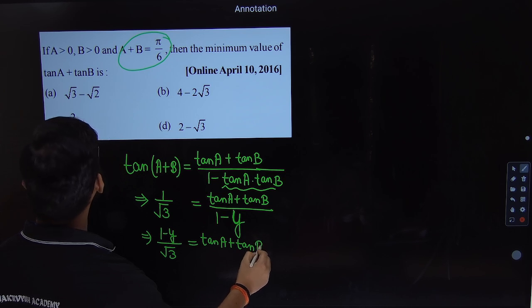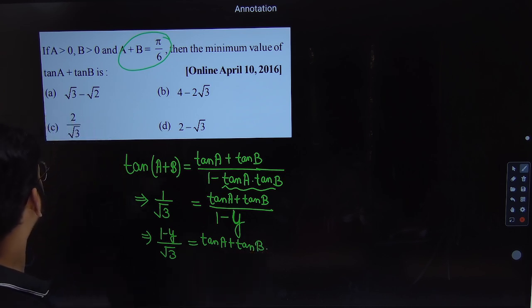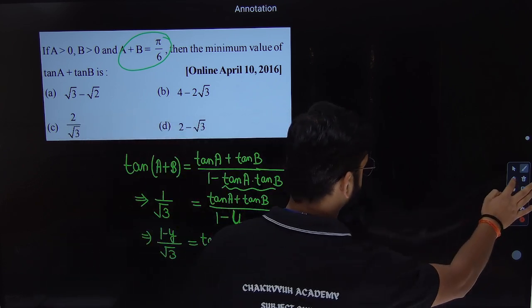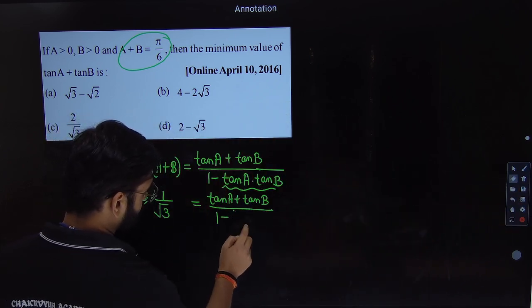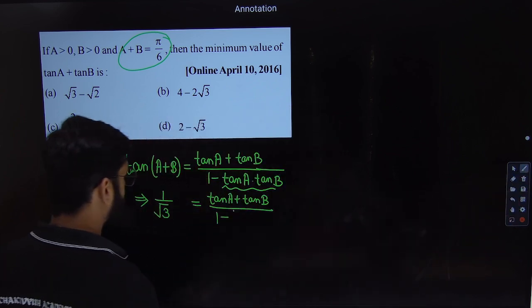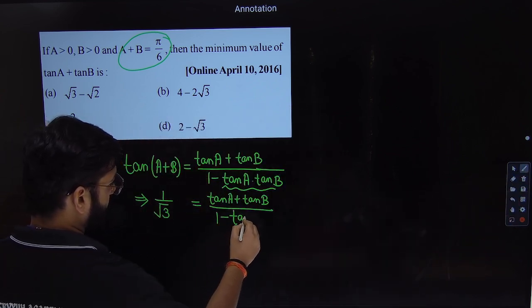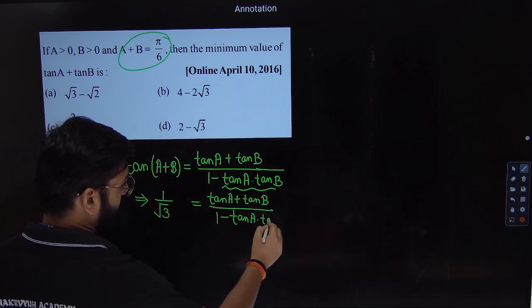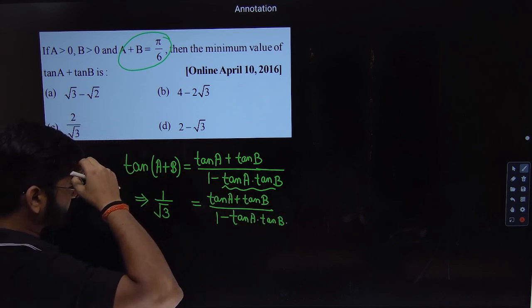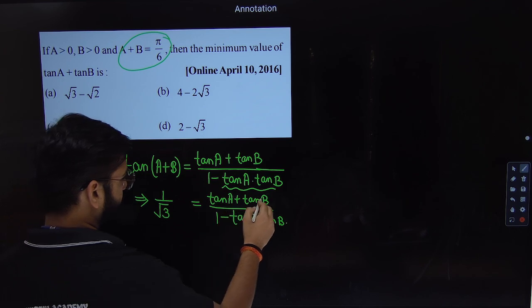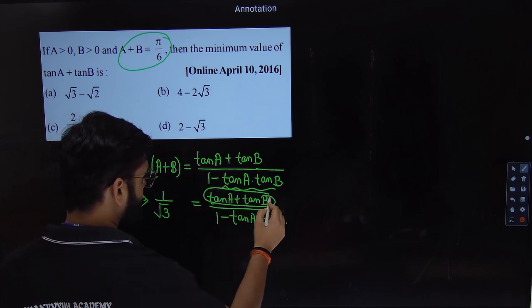We need to find tan A plus tan B. Tan A plus tan B is required; I thought tan A tan B was required. Take this term as y.